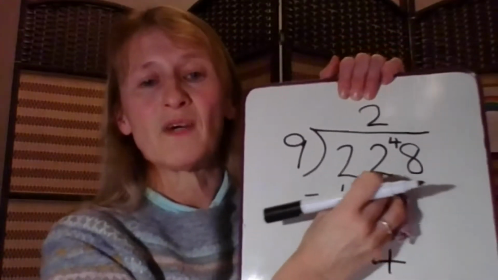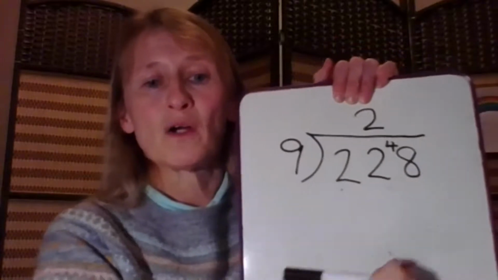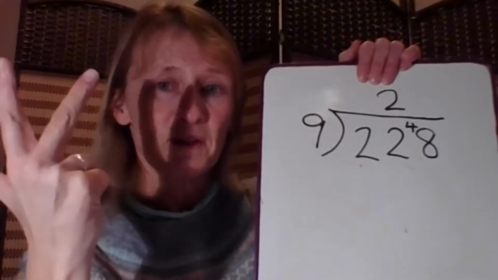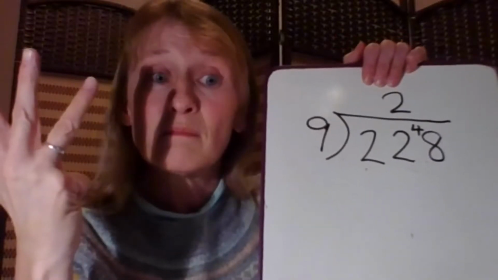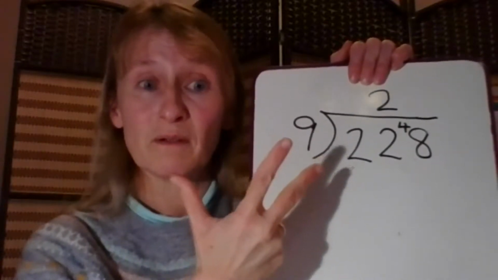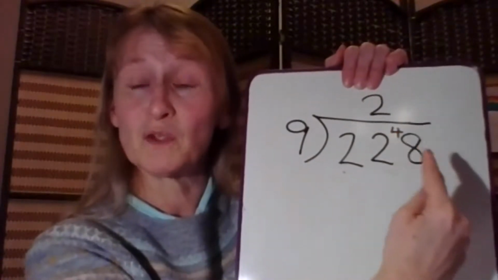Now then, if I think up in my 9s, first multiple of 9 is 9, then 18, then 27. So 3 9s are 27. No, it's not 27, it's 48.